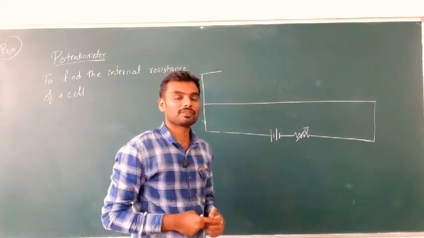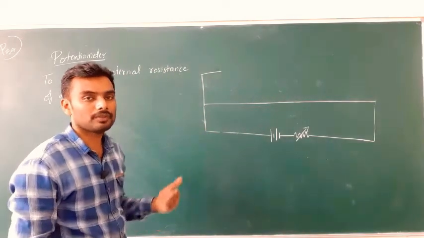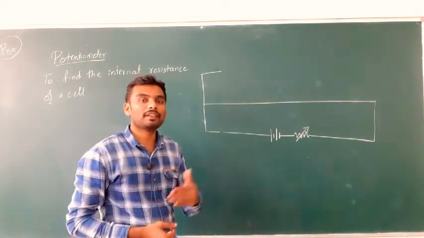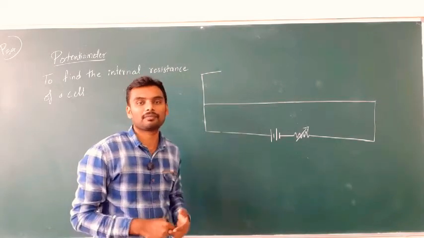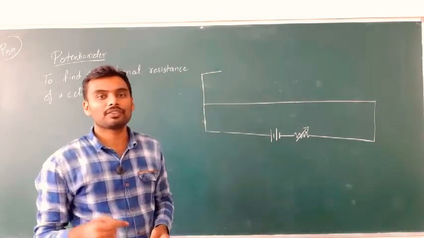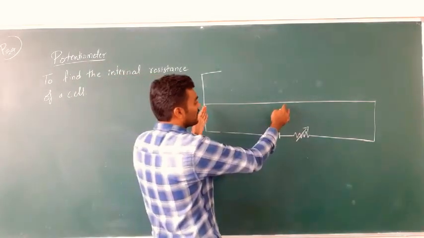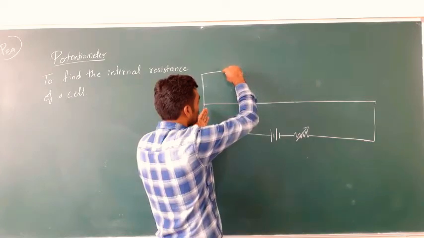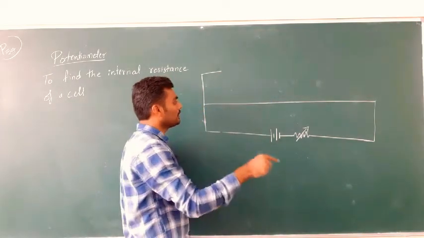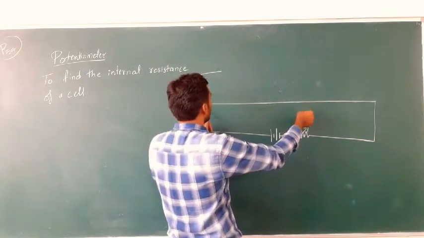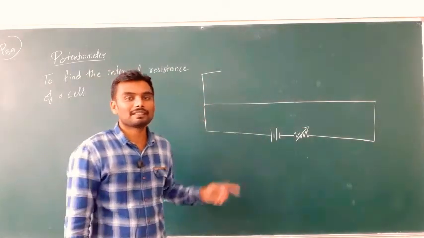So E1 is proportional to L1, E2 is proportional to L2, and the final conclusion was E1 by E2 is equal to L1 by L2, where L1 is the length at which the galvanometer reads zero deflection for the first cell, and L2 is the length for the second cell.